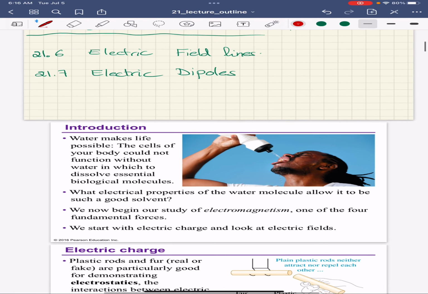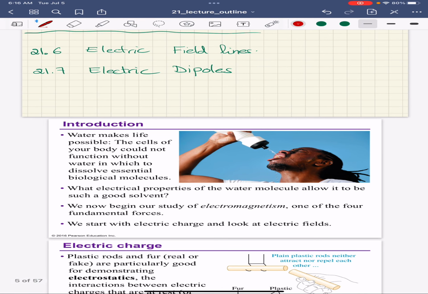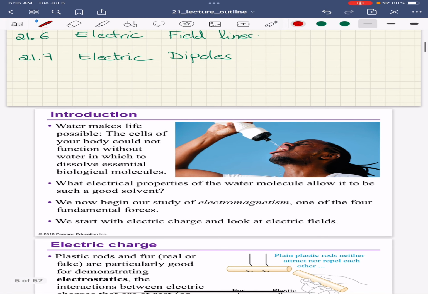Now, something that may be very interesting: we know that water means life, and water is what makes our life possible. Our cells need water, and everybody tells you that you always need to take in water so that you will be okay.